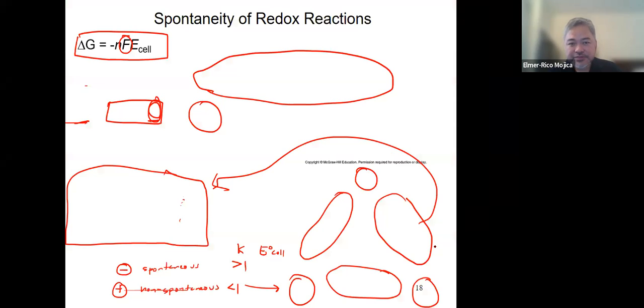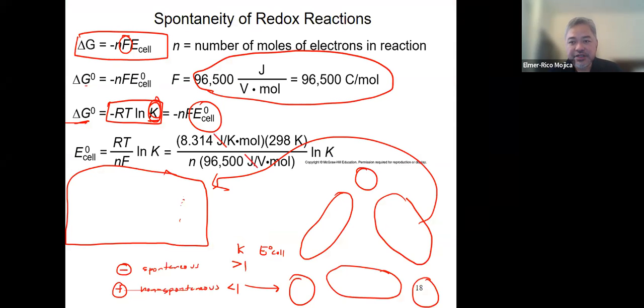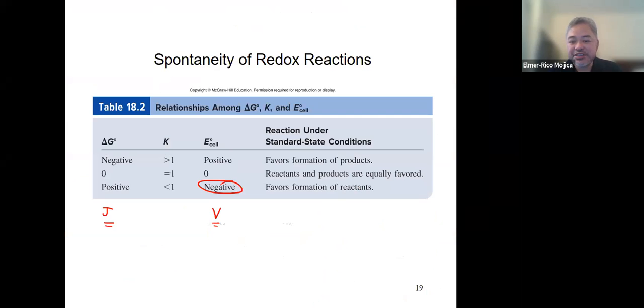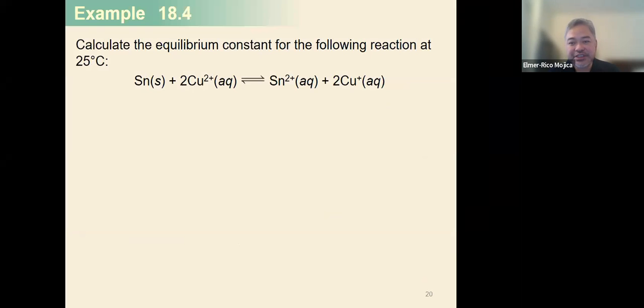Your reduction potential table is just the source of your reduction potentials. It doesn't mean that since this is higher, this is the one that is oxidized or reduced. The basis for which one is oxidized, which one is reduced, or which one is the cathode and which is the anode, is the given equation.